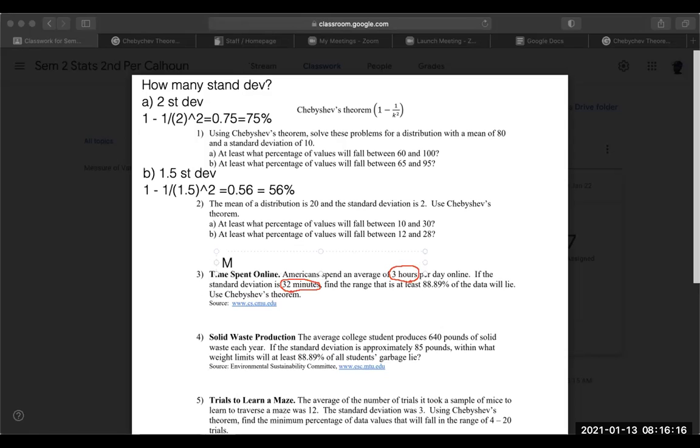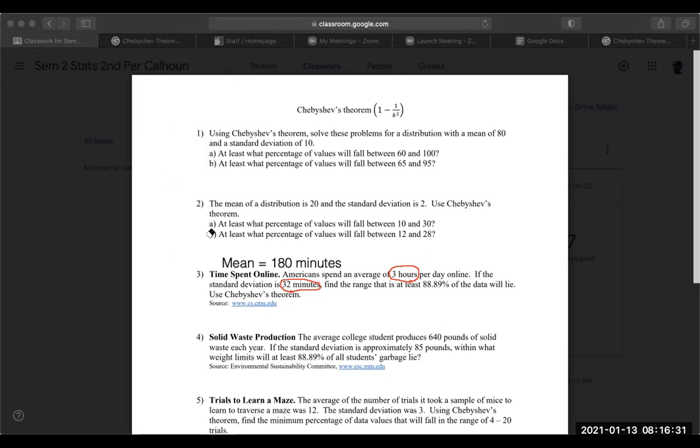So really, the mean is 180 minutes, and the standard deviation is 32.